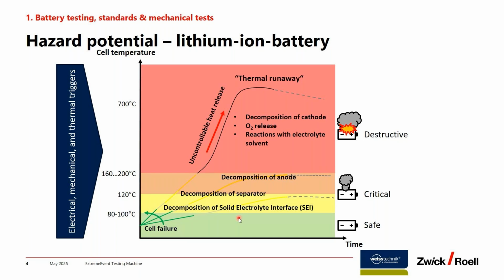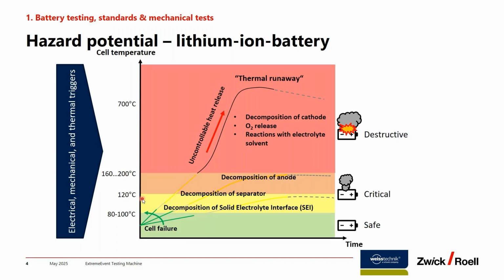If the temperature gets higher, it starts to go through a thermal runaway. This means a chain reaction will start. The temperature rises, and most of the time oxygen is released, and in this combination, depending on the material of the battery composition, it can start an explosion, for example.